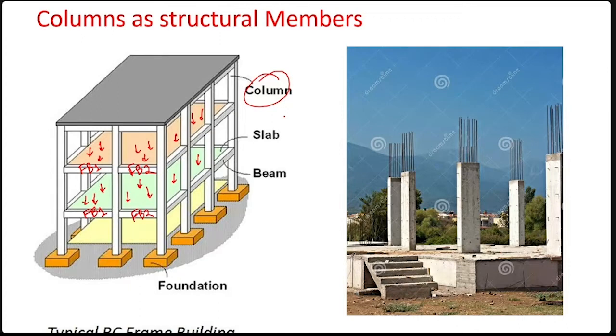So the size of the columns depends on the number of stories. Even the size of the foundation also depends on the number of stories. But the size of the beam and the size of the slab doesn't depend on the number of stories. Okay, that is the answer to your question. I'm going back to my previous discussion.